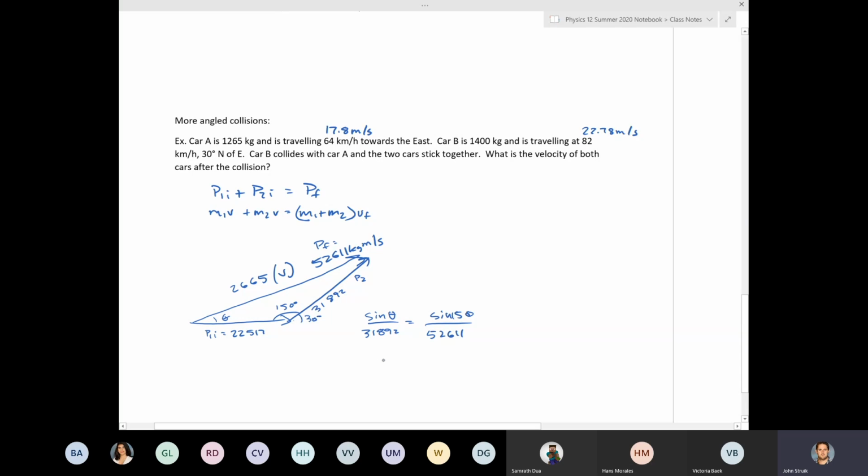Theta is 18 degrees. Then we take the 52,611 and divide it by 2,665, since I'm adding 1,400 plus 1,265. And I get a VF of 19.7 meters per second, 18 degrees north of east.